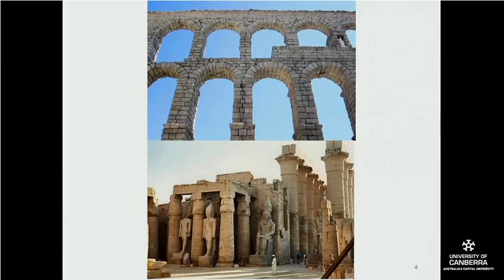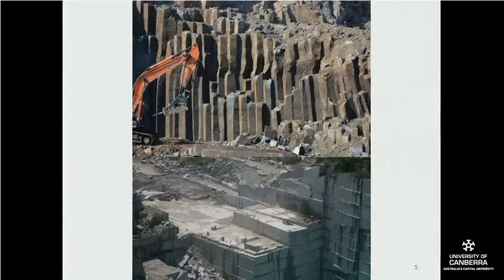Okay, moving right along. If we now look at how stone is quarried, how stone is sourced, I suppose. So we'll start with granite and basalt. Basalt is also known as bluestone in Australia, but basalt is found all over the world, as is granite.